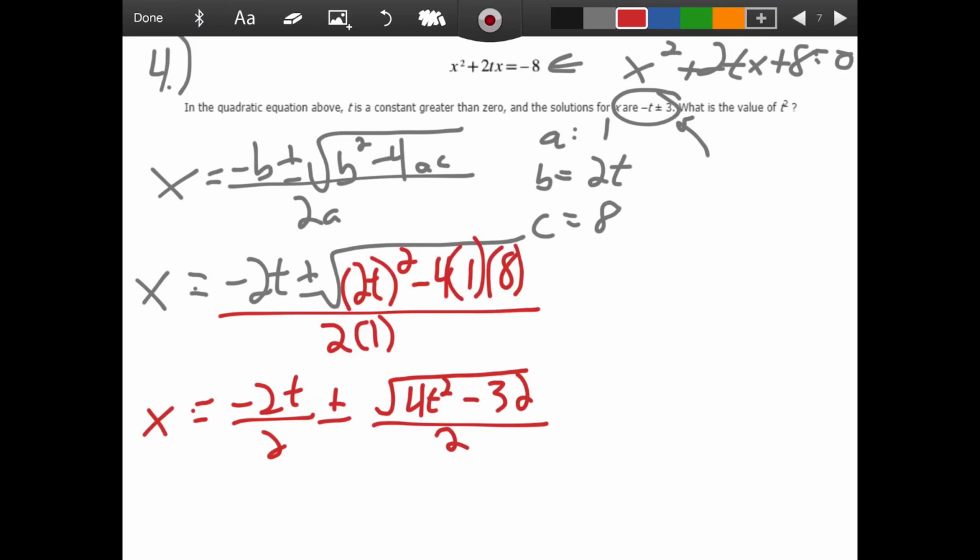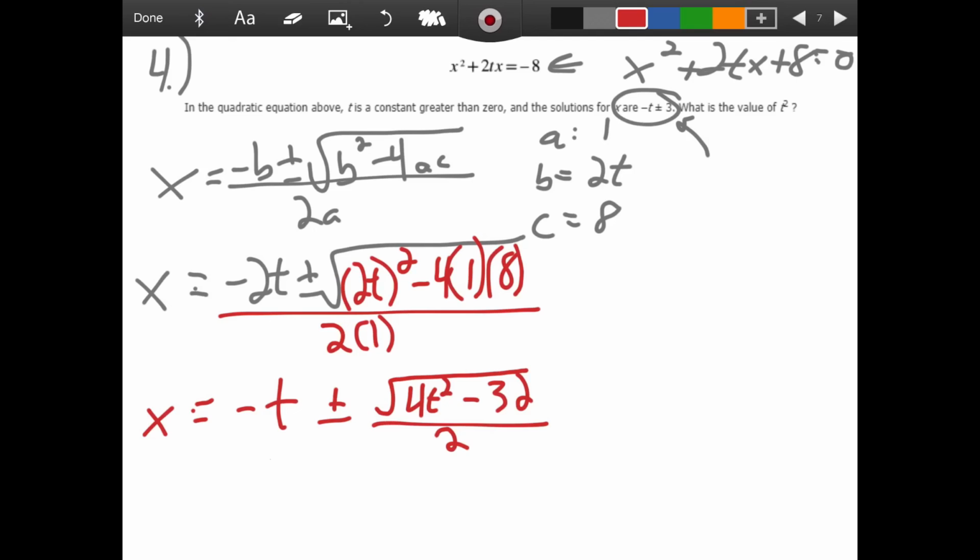And then if I want, this can cancel out, right? Negative 2 divided by 2, so that's going to cancel. I'm just going to erase it because I don't have a lot of room. So we get negative t plus or minus the square root of 4t squared minus 32, all over 2.